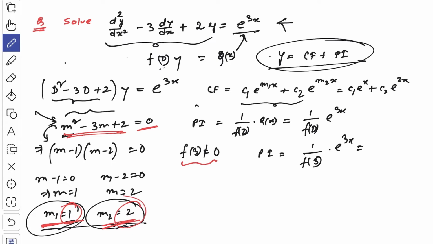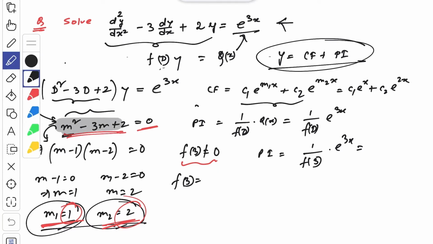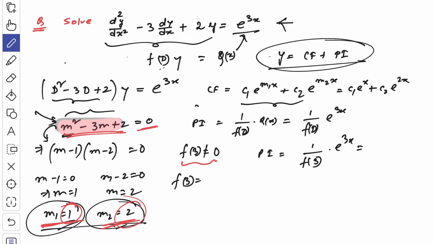So let's find f of 3. If you put 3 on the left hand side of this auxiliary equation, that will be f of 3.